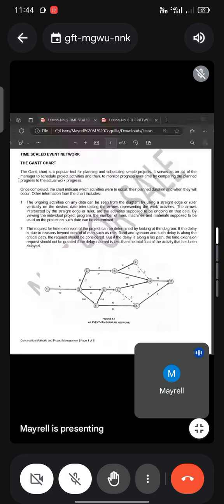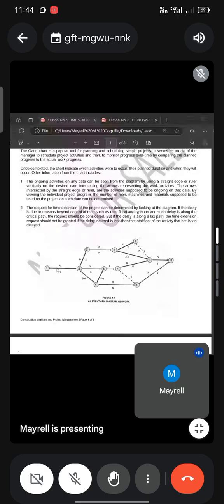So, for example, we have here a network diagram and then a Gantt chart based on this diagram.